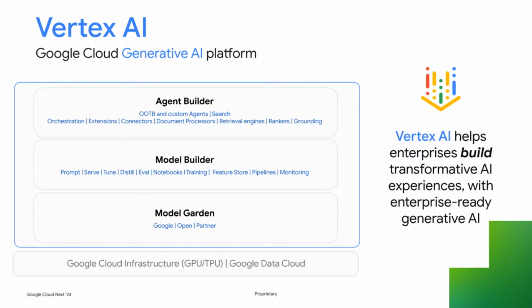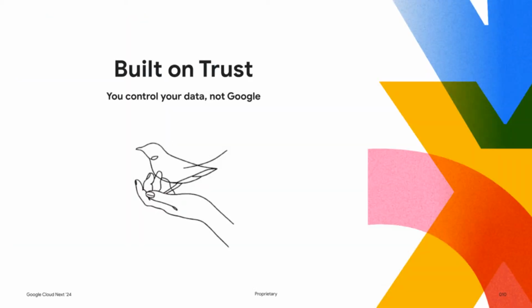So Vertex AI helps enterprises build transformative AI experiences with enterprise-ready AI. And when we're talking about enterprise ready, when we're building out new technology, we want to make sure that the customer's data can be trusted to stay within their projects.